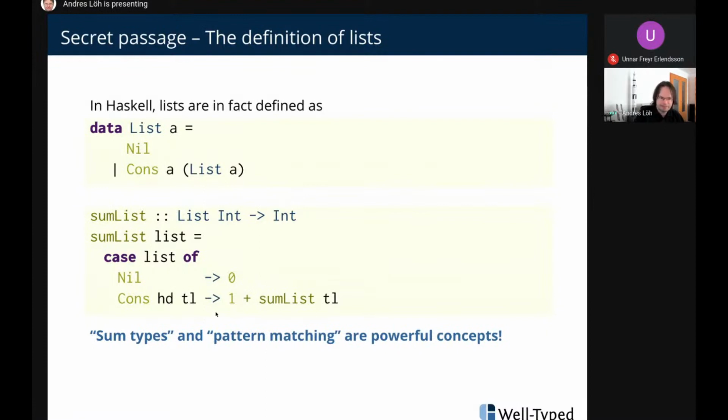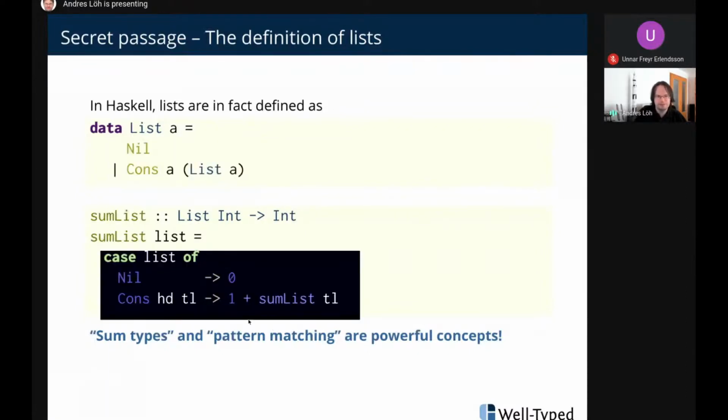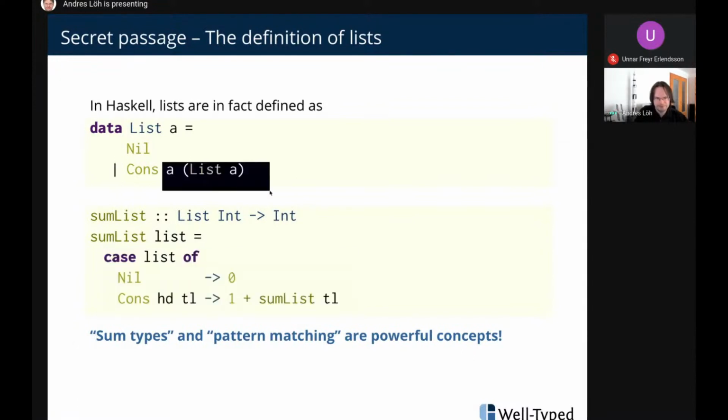But actually, this idea that a data type can have multiple different shapes and that you can use pattern matching to distinguish between them, and that the different shapes can have different evidence attached to them, different payloads, and you only get access to the payloads of one particular shape if you're actually in the right branch.